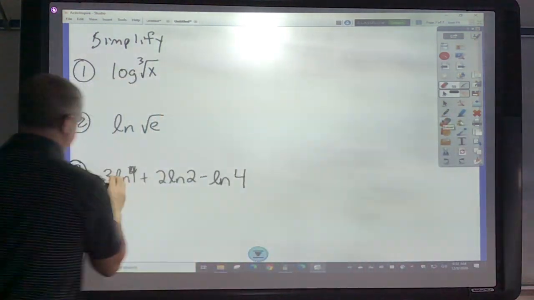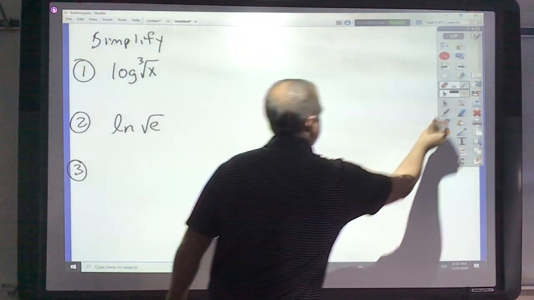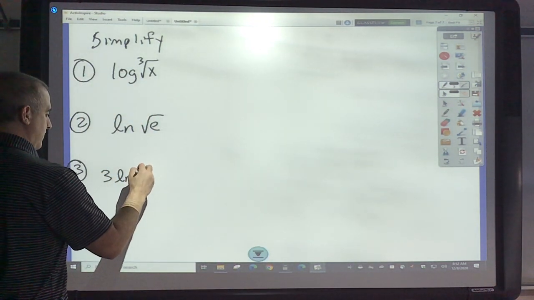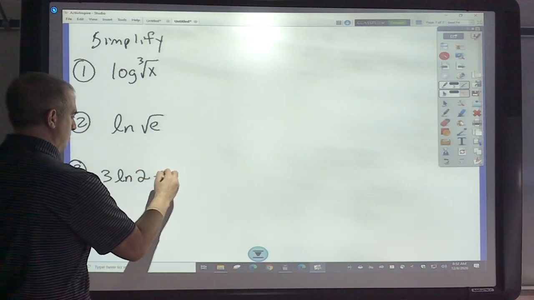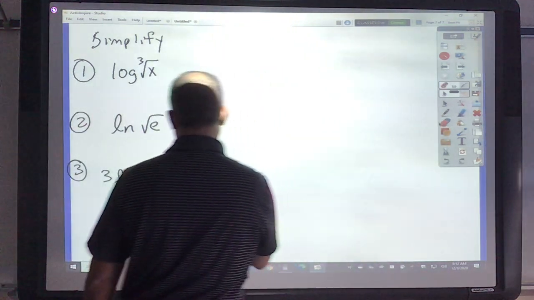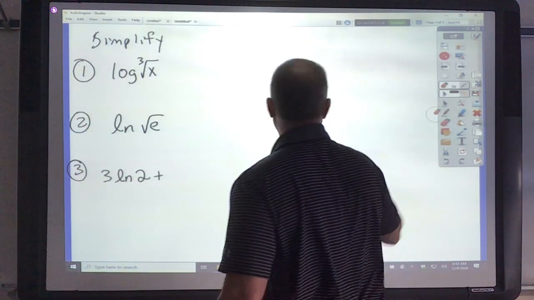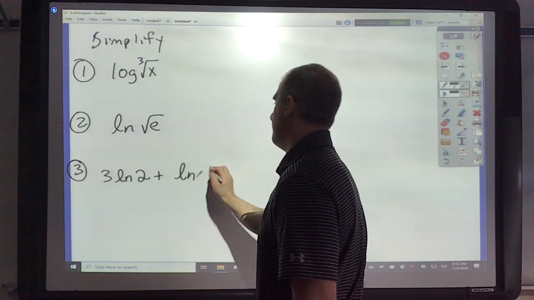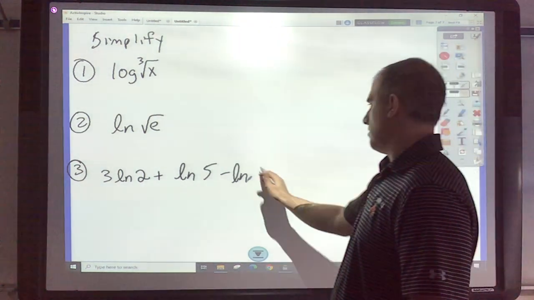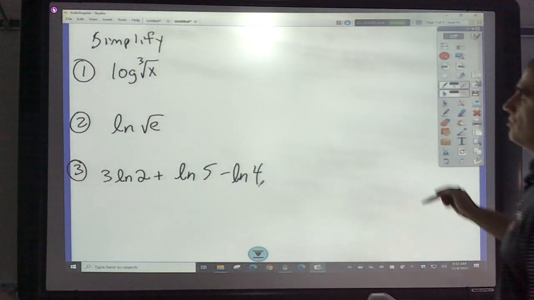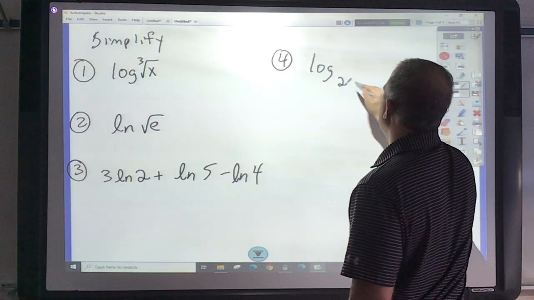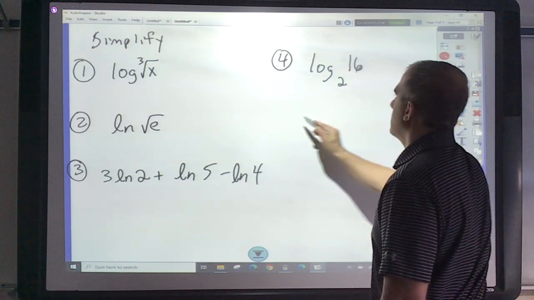I like this problem. 3 natural log of 2 plus 4 natural log of... 16.